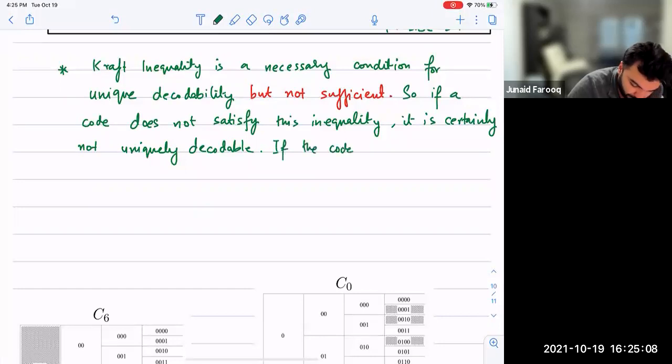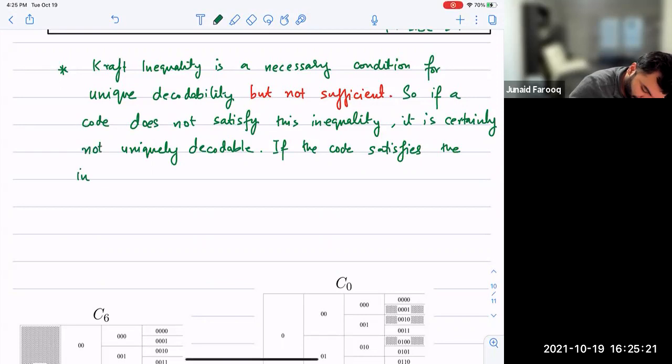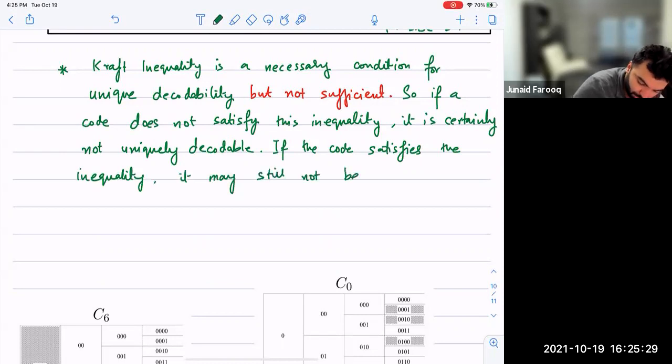If the code satisfies it, it may still not be uniquely decodable.